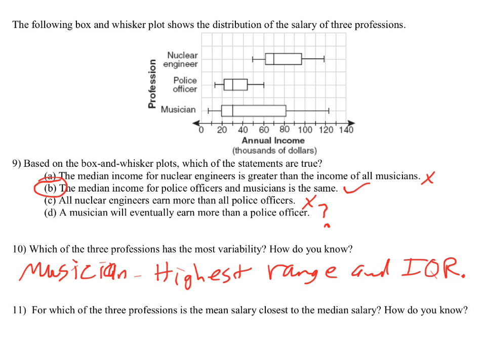And with the musician, that happens too. It's going to shift it up, because the people that earn more money, there's more of them earning more, and it's going to shift it to the right. But if you look at this one, the police officer, the amount above the median is closer to the amount below. So that'd be the police officer.